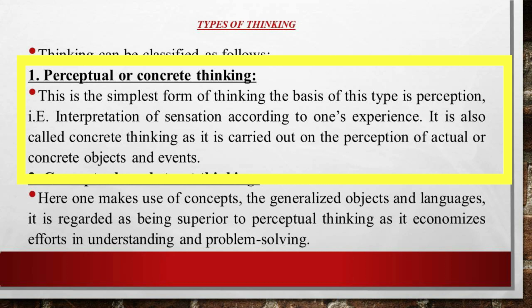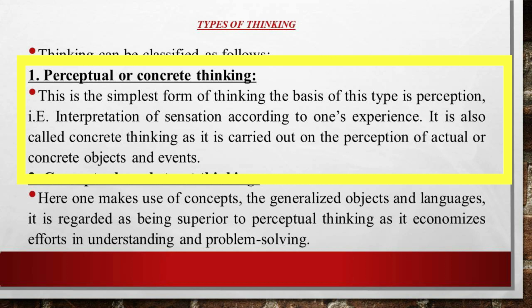The base of this type of thinking is perception. Again, we find many types of thinking. The first one, perceptual or concrete thinking, is the simplest form of thinking. The base of this type is perception, that is, meaning interpretation of sensation according to one's experience.